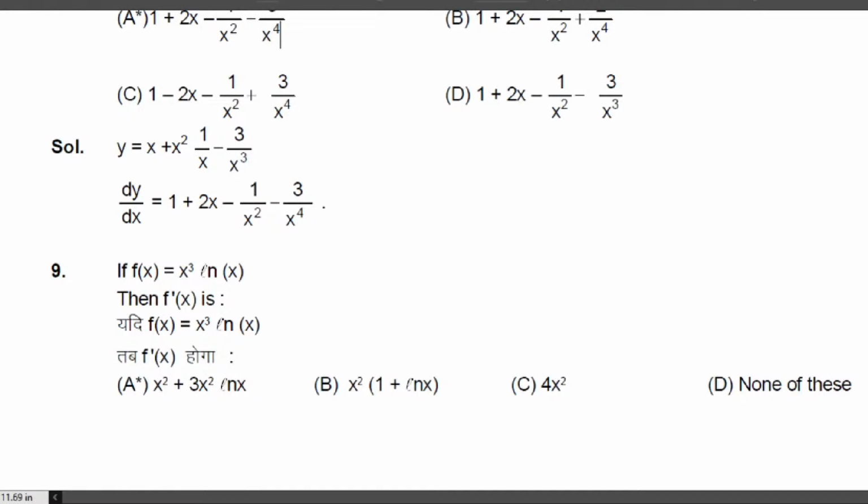Instead of giving y, he has given f of x. I told you dy by dx was a notation introduced by Leibniz, and f dash of x, or f prime of x, is a notation that was introduced by Newton. But they mean the same thing. So what does f dash of x mean? It's nothing but dy by dx.